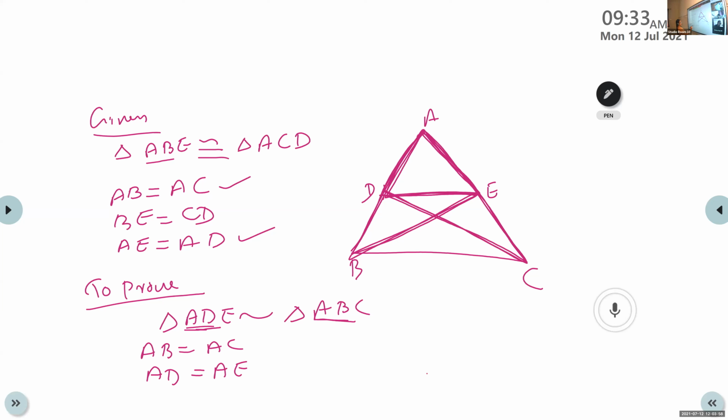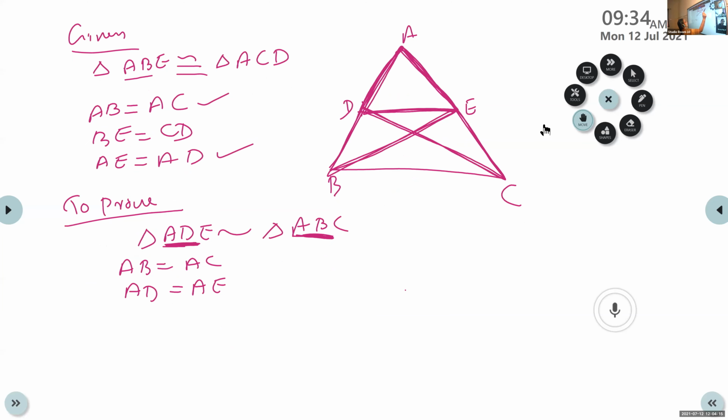Because see here, AD is the side corresponding to AB. Instead of AE equal to AD, I wrote AD equal to AE. Is it clear why I chose AD first? Because AD is the side corresponding to AB in this triangle.